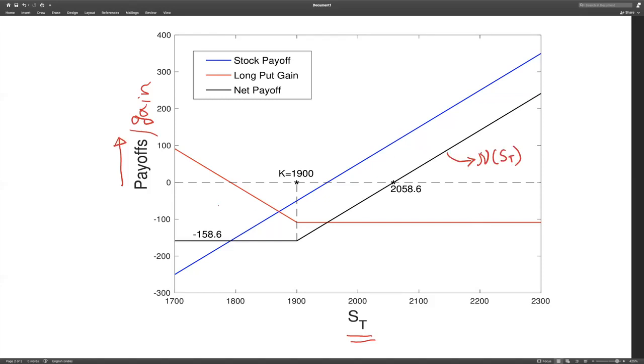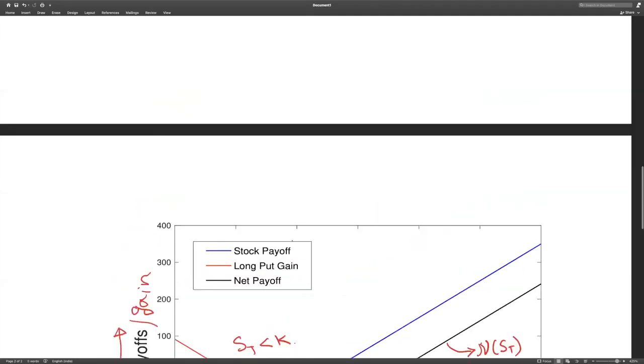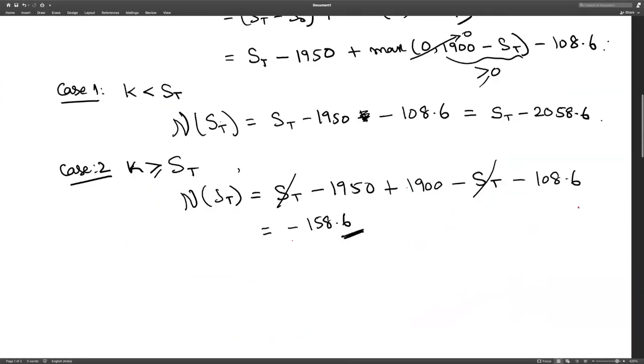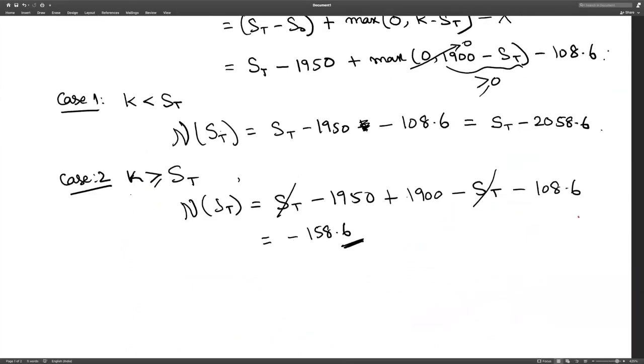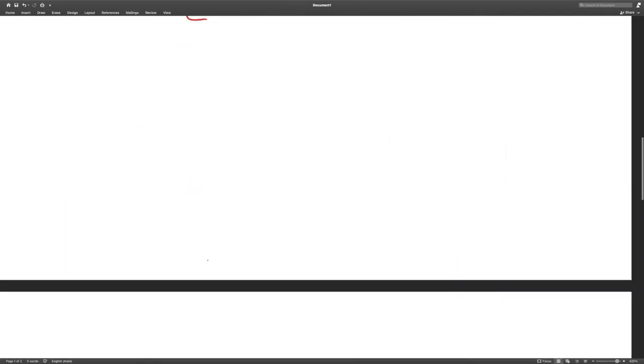You can see that as long as ST is less than K, your net payoff is constant, right? This is what we have seen in the expression that we have derived previously. For K greater than or equal to ST, your net payoff remains constant.